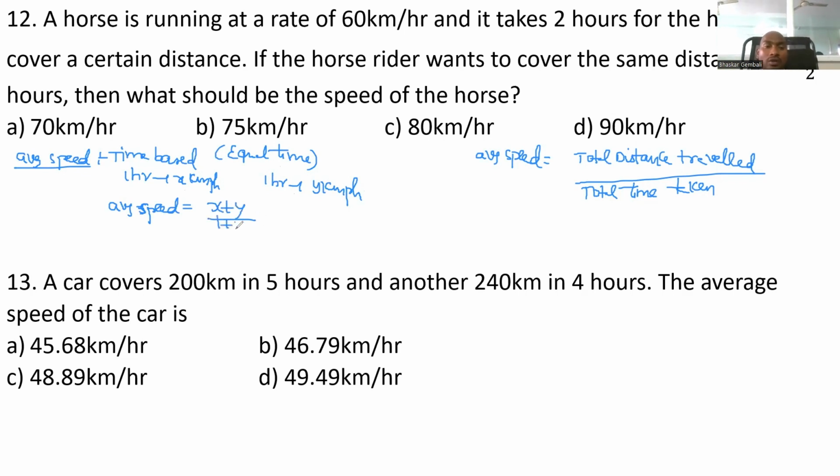So 1 plus 1. Simply we can say x plus y by 2 is the average speed. This is equal time. Next, second case, different speed, different time intervals.